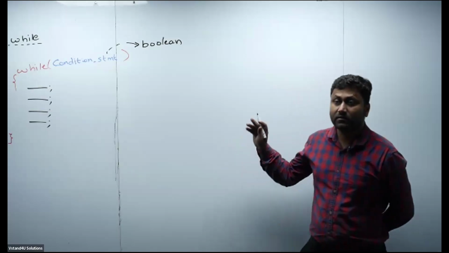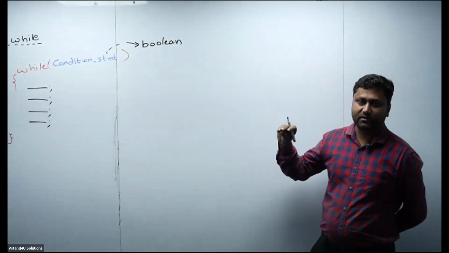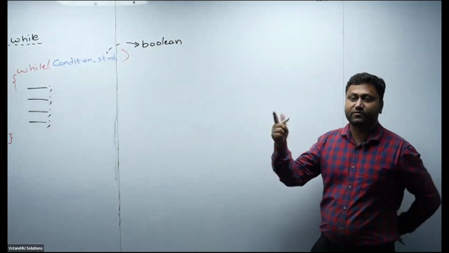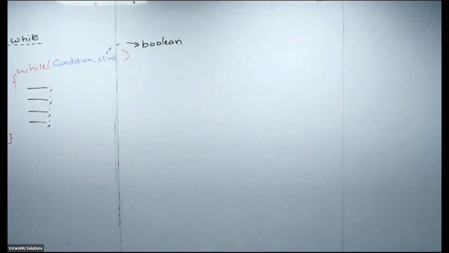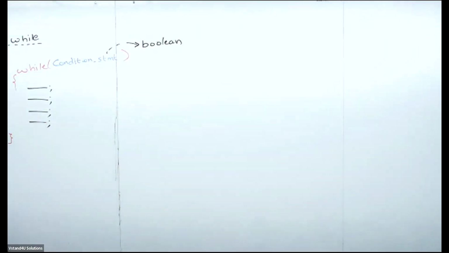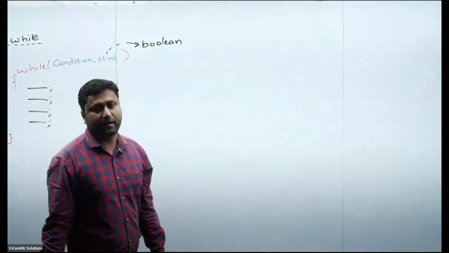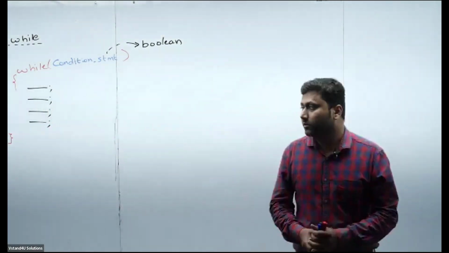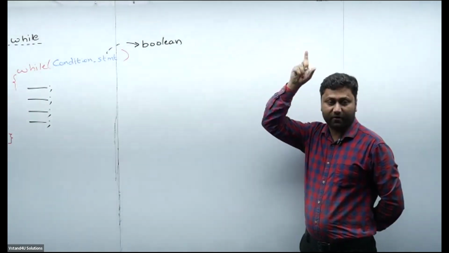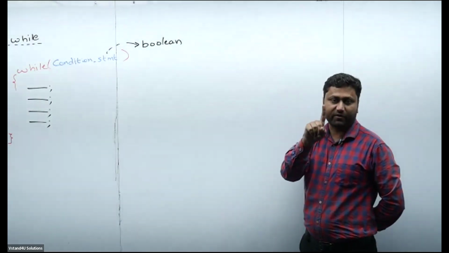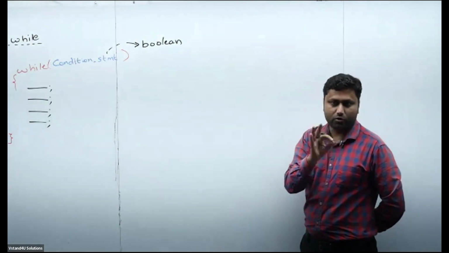While is clear? Pay attention. As compared to switch, in the case of switch, what data types can we take? Byte, short, int, char. Now the point: in while, similar to if and if else, only one type of input is allowed, Boolean, true or false.